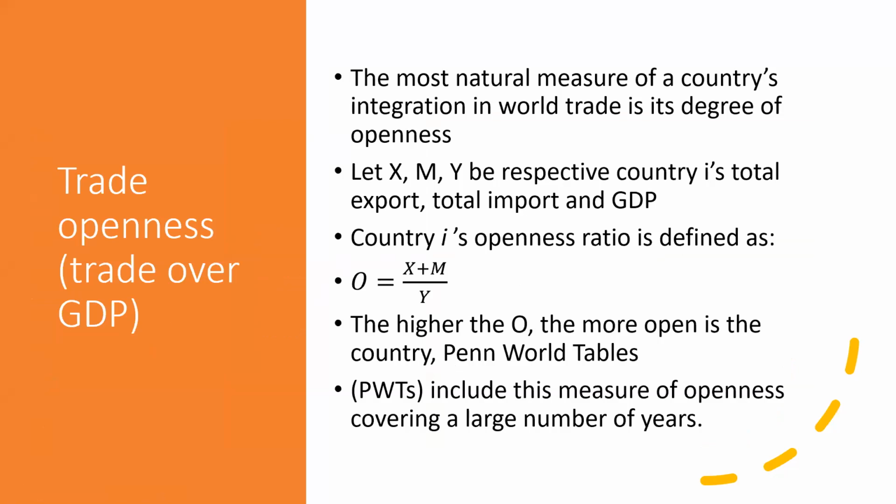It's very straightforward to do. So the trade openness, you see, the last 2, CSHX is X over Y. The other one is CSHM, which is M. So you add the two to get your openness index. That is how to work with it.